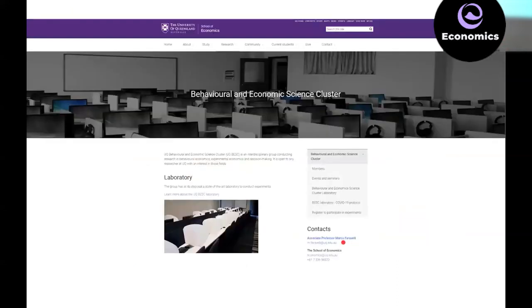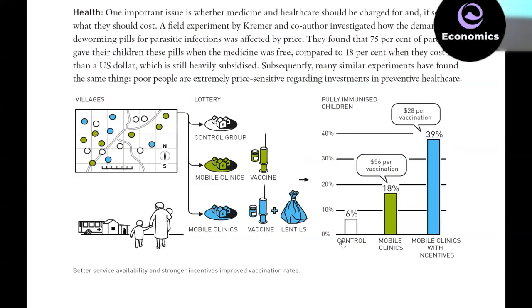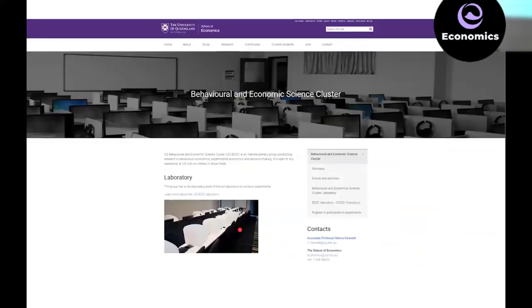So that's an experiment from the field. And this is one way to get a causal relationship between two variables. In this case, the two variables are the different kinds of treatment, and the vaccination rate.